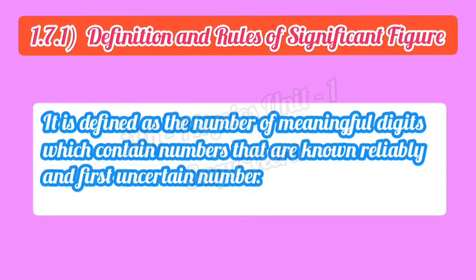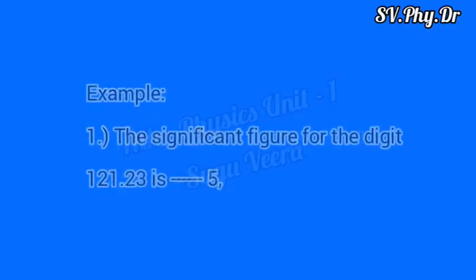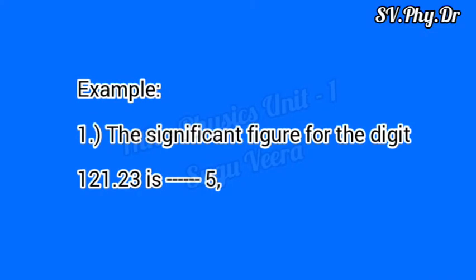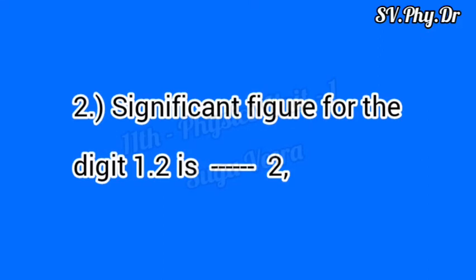Therefore, the correct definition is: it is defined as the number of meaningful digits, which contain numbers that are known, reliable, and the first uncertain number. For example, the significant figures for the number 121.23 is 5. Second example, significant figures for 1.2 is 2.